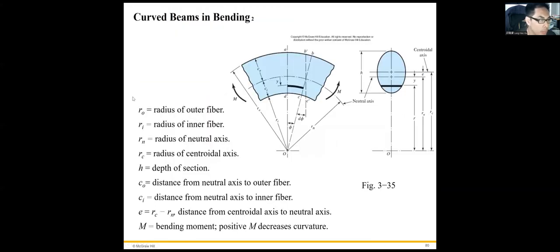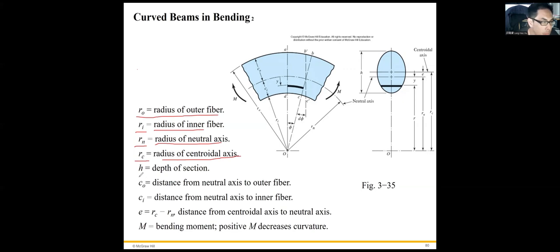Right, this is what I mentioned previously. So we have to know the symbols. Ro represents the radius of the outer curved beam, and Ri represents the inner radius. Rn represents the radius of the neutral axis. Rc is the radius of the centroid axis.